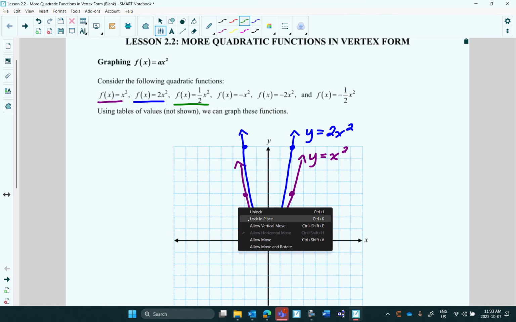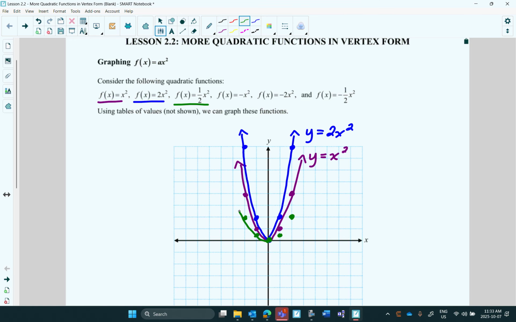So notice that this one is wider than x squared. So the bigger the number is, the narrower it becomes. The smaller the number is, as long as it's bigger than 0, the wider it becomes.